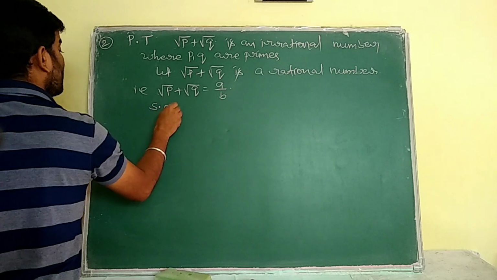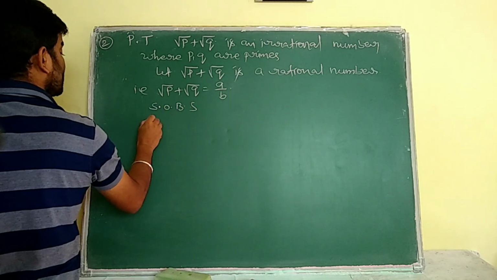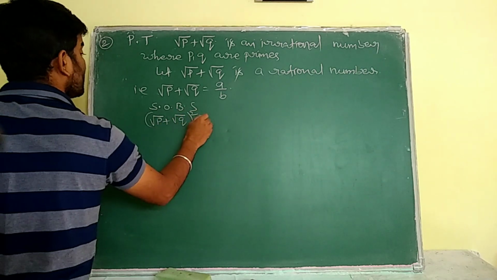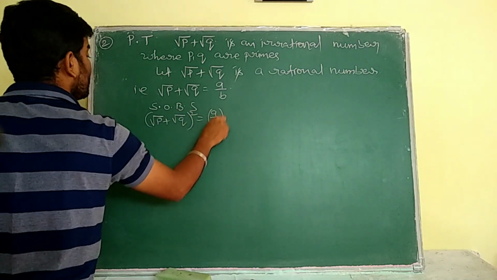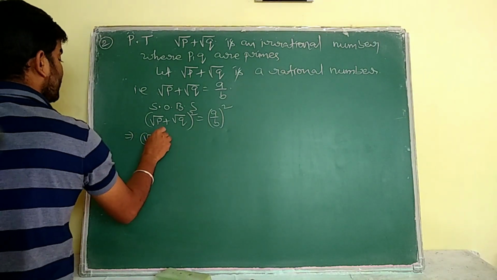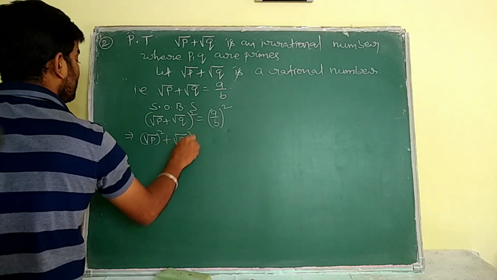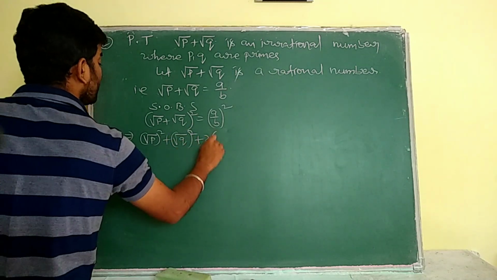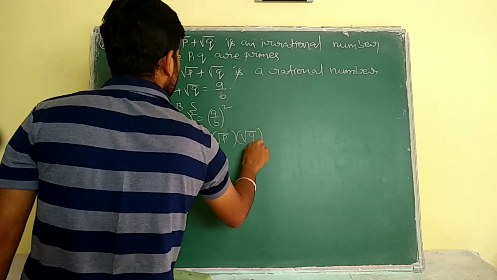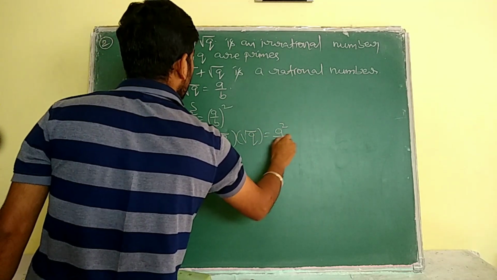Now squaring on both sides. So this is root p plus root q whole square is equal to a by b whole square. That implies root p whole square plus root q whole square plus 2 into root p into root q is equal to a square by b square.